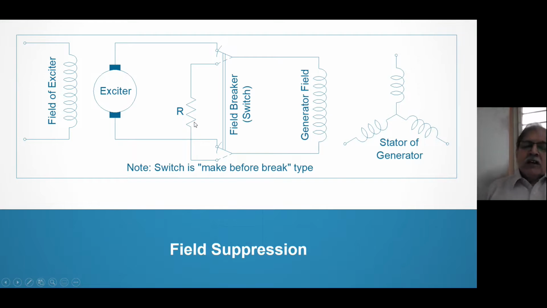So that the half L I square, the electromagnetic energy that is produced, which is a reason for overvoltage, is dissipated in the resistance. Right? So this is known as field suppression. This is always provided in any kind of generator. That is a must.